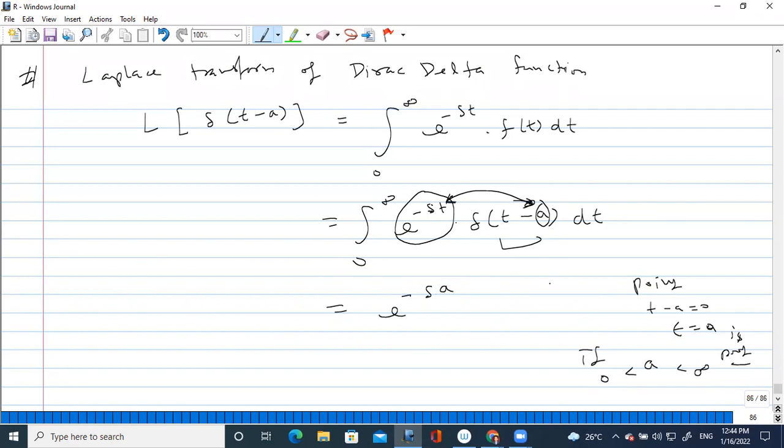If it exists in the limits, then the integral will be f(a). Whatever the function is there, in that you put a. If not, then the integral will be 0. If not means if it is outside, if suppose a is minus a, then minus a is not in between 0 to infinity, so then that answer will be 0.